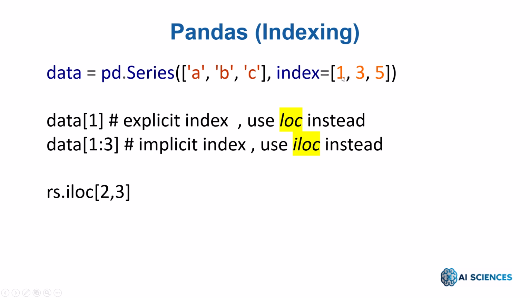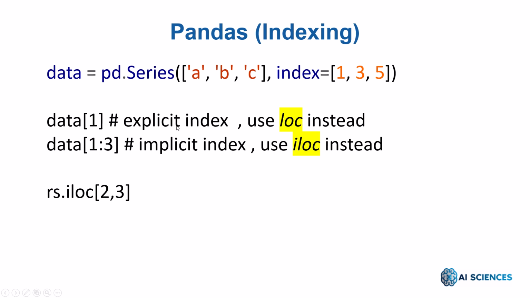Or when you write data 1, are you going to use this particular index, or the implicit index? There are implicit indices as well. The implicit index of A is 0, of B is 1, of C is 2. But the explicit index that we are assigning is 1 for A, 3 for B, 5 for C.